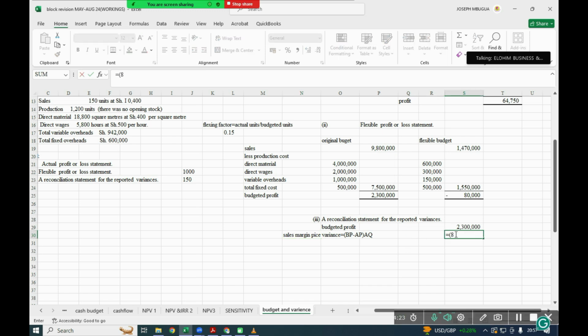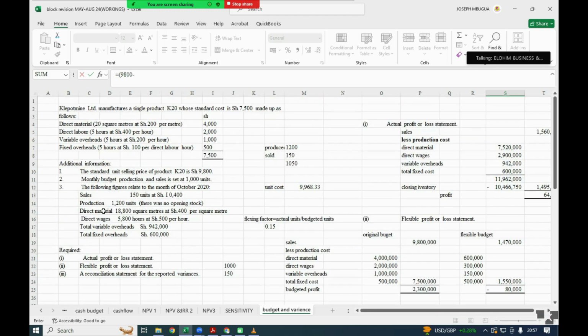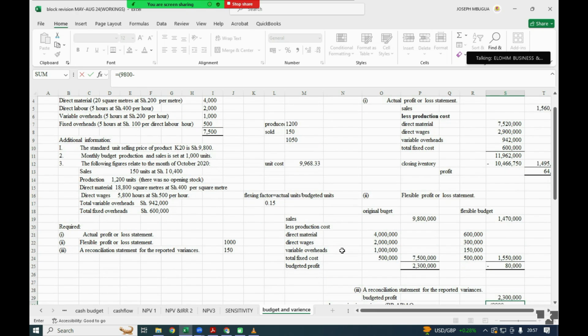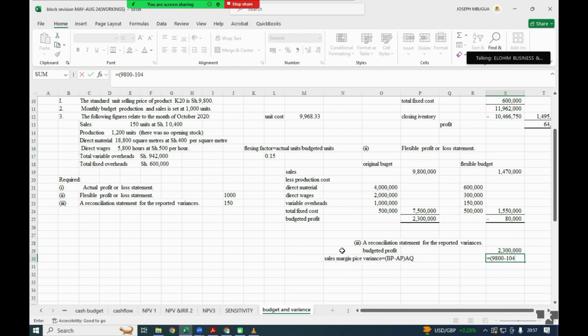So we had budgeted to sell at 9,800, but our actual selling price was 10.4. Note number 3, we sold at 10,400, and our actual units that were sold were 150.